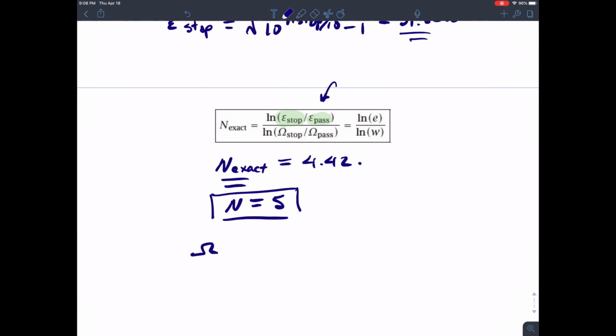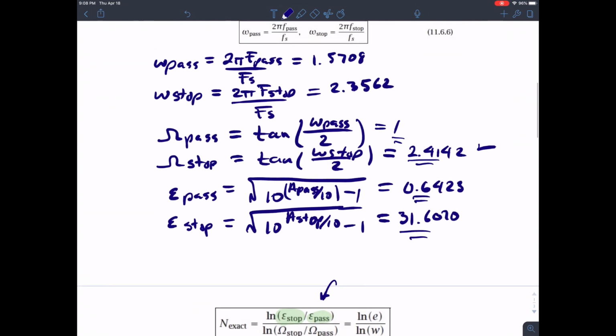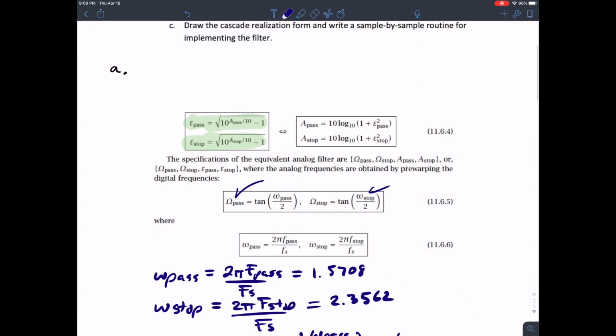The cutoff frequency of the filter, you can use either the formula for the pass band or the stop band, depending on your preference, or somewhere in between.